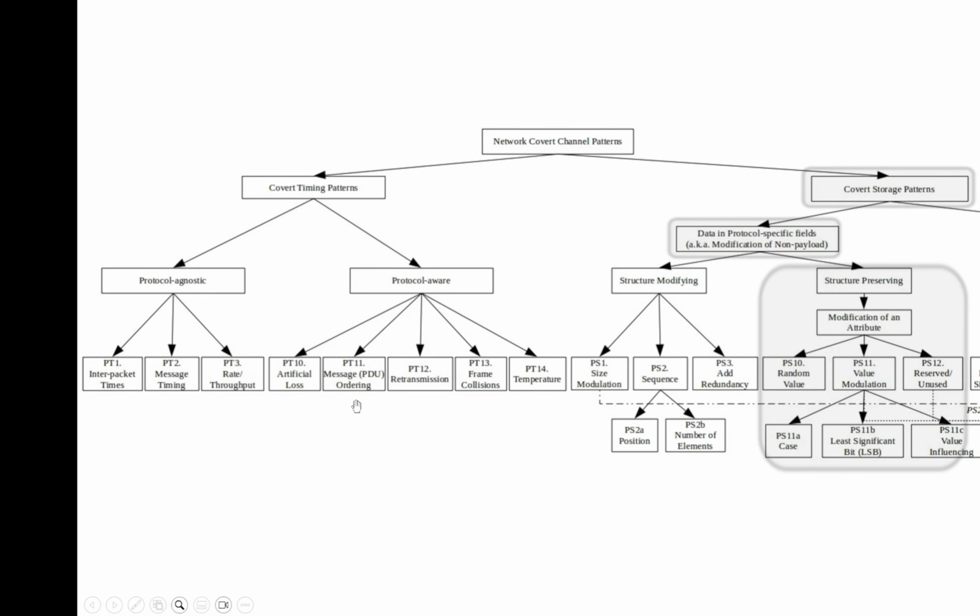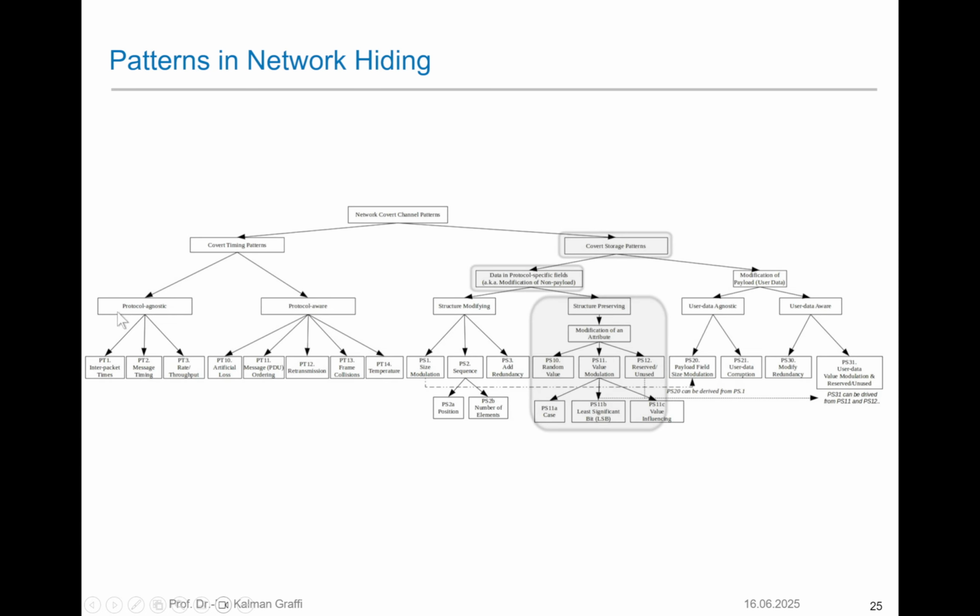That's a good question, but there are some ways. For example, for the protocol-agnostic channels that take influence on the time, a typical approach would be to add a proxy here.